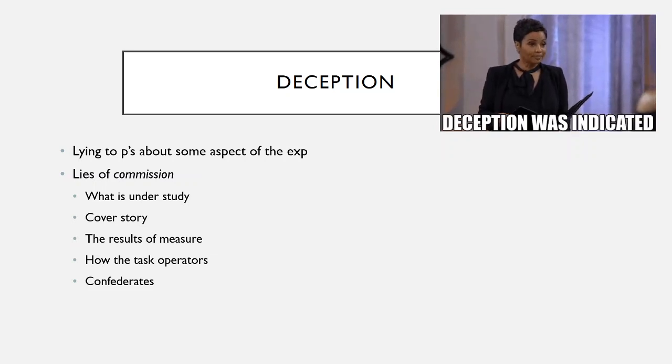So some deception that might be used in a psychology experiment is going to be a lie of commission, a more active deception. This is when you actually volunteer something to participants that is inaccurate, that is a lie. So a cover story, that's a lie. A Confederate, that is a lie.